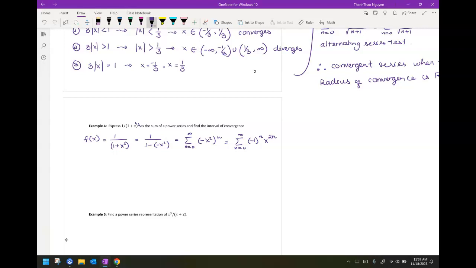Okay. Like I said earlier, this is a geometric series. Because it is a geometric series, it converges when negative x squared is less than 1, or when x squared is less than 1.